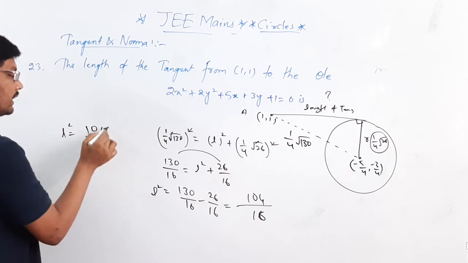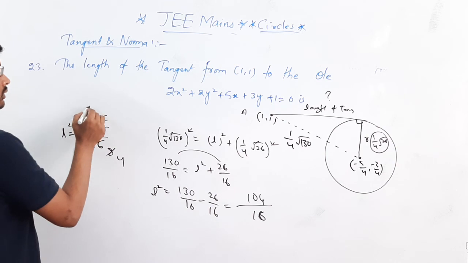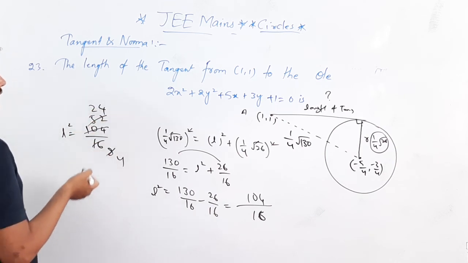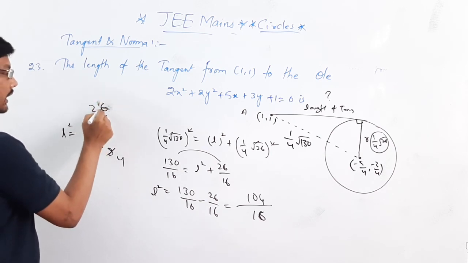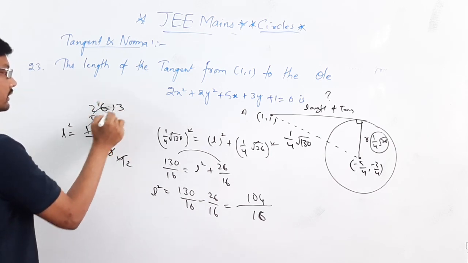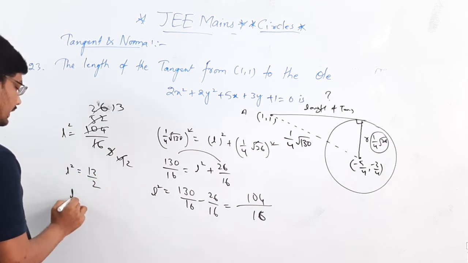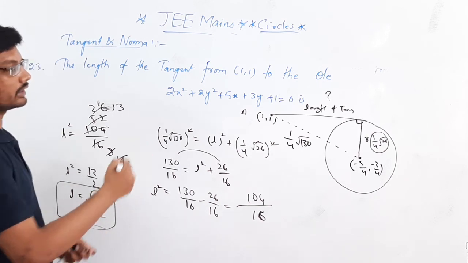Dividing by 2, 52; again by 2, 26; 2, 13. So L square is equal to 13 by 2 and L is equal to square root of 13 by 2. This is the answer for this question.